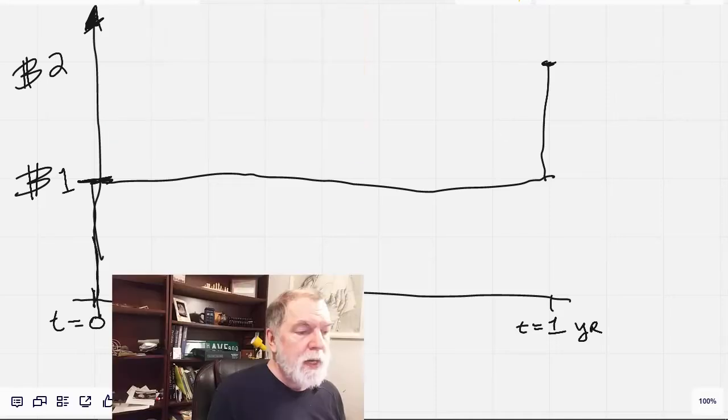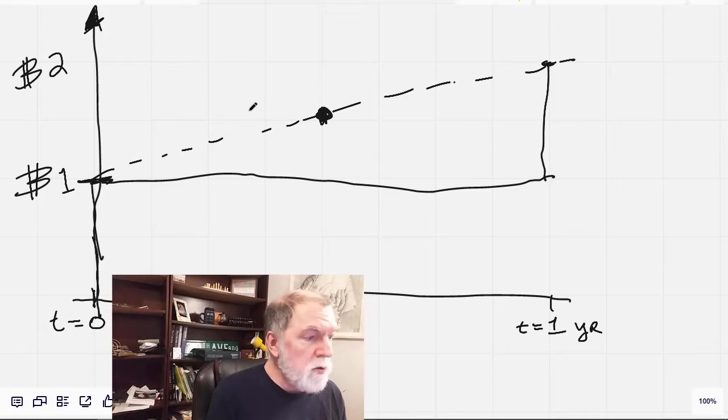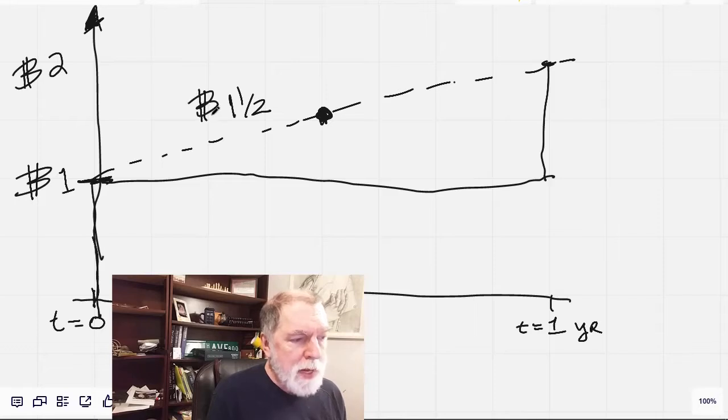Compound interest. Halfway through the year, what if I pay you that half Bitcoin? So now you have 1.5 Bitcoin, which you then reinvest.